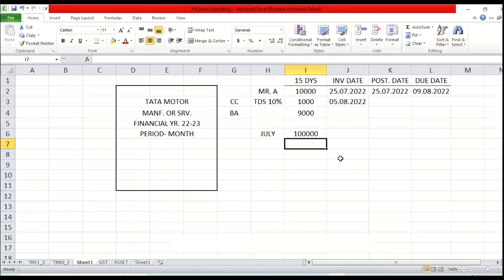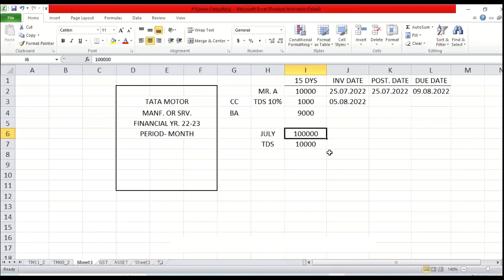So now what is happening, guys? In July period, overall how much TDS got deducted? At 10%, it means 10,000 worth of TDS got deducted overall, right? 1 lakh worth of invoices means multiple invoices will be there.